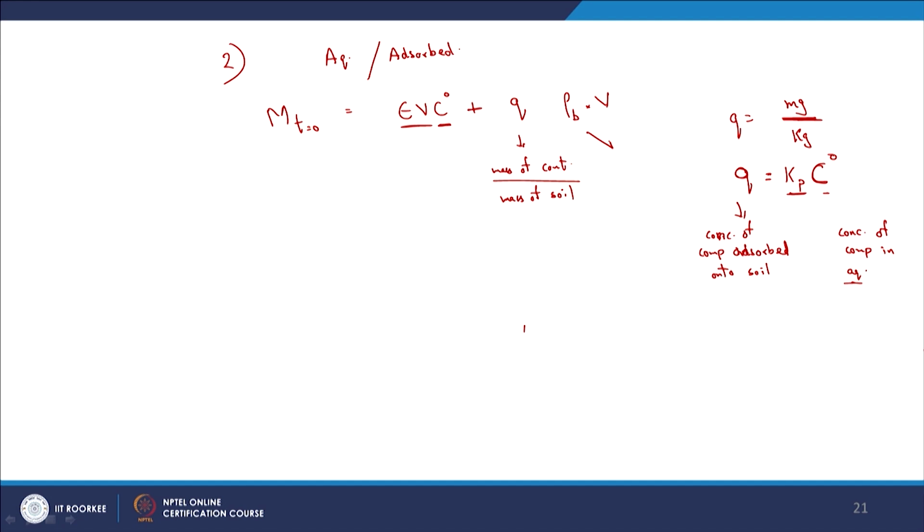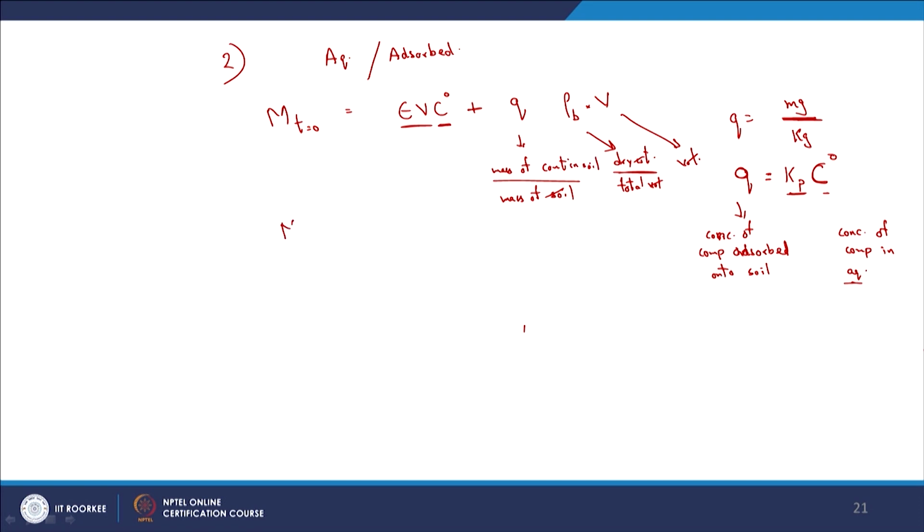Bulk density, the way I am expressing it, is the dry weight, or mass of soil, by the total volume, and V is the total volume. So volume cancels out, dry weight and mass of soil cancel out, and I am just left with the mass of contaminant in the soil phase.